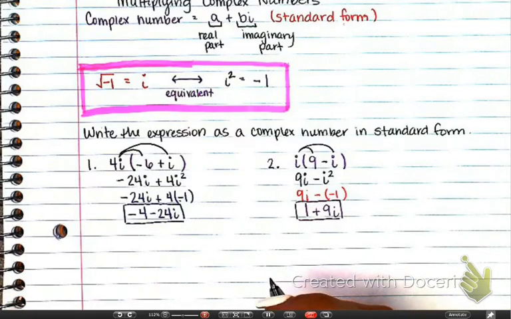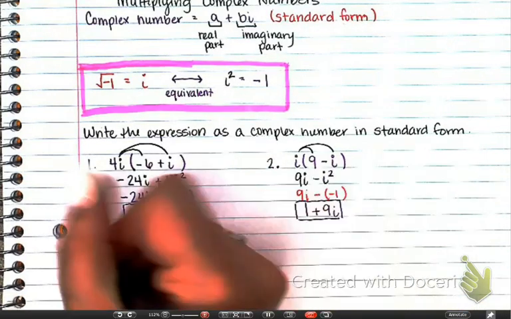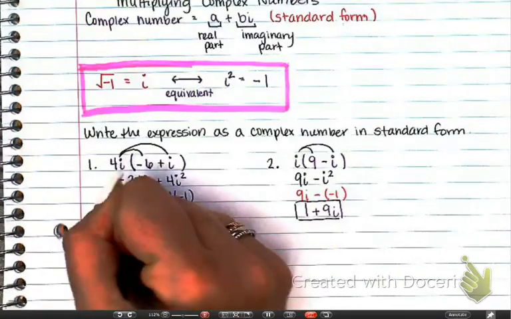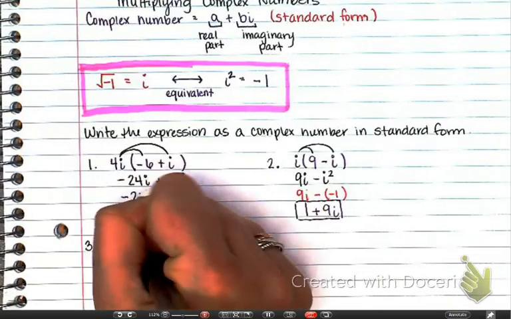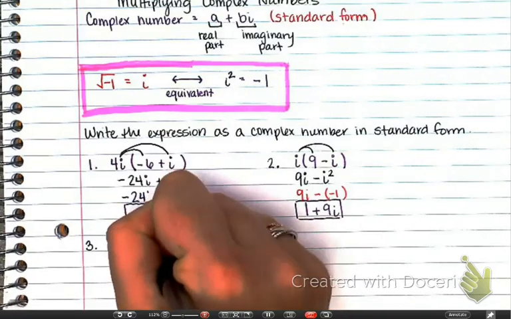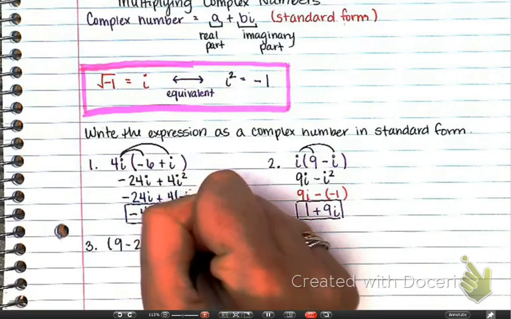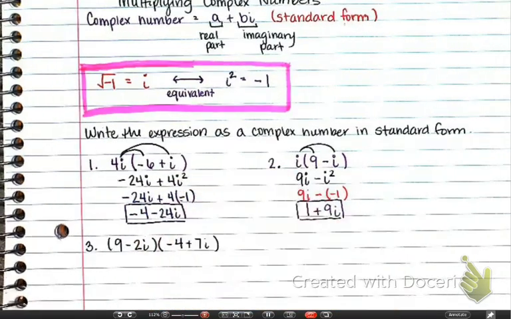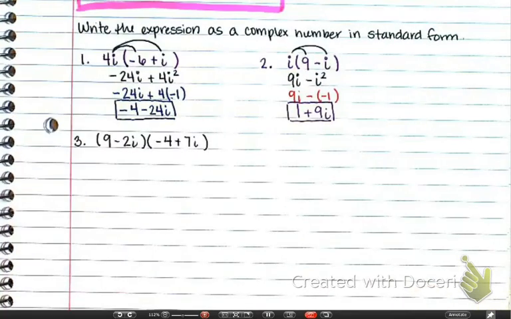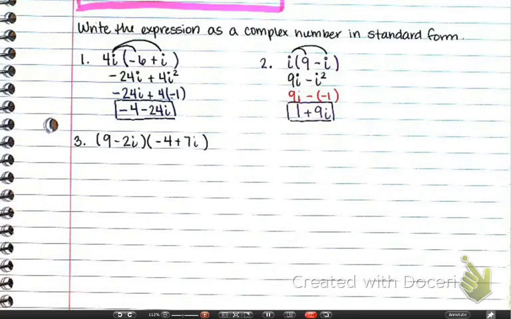So what if we look at this one? We've seen stuff like this before, right? What are my options? Distribute or box? Do we have a preference?